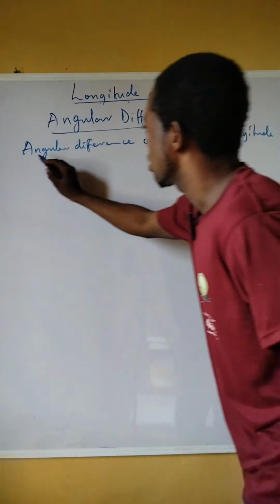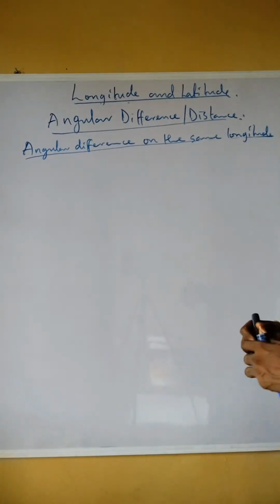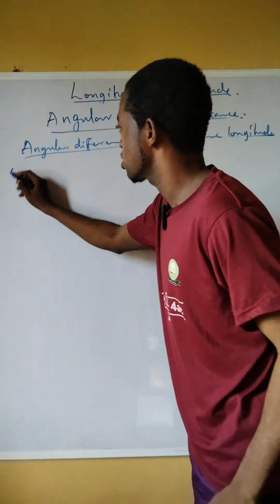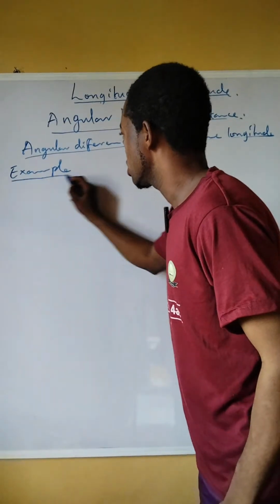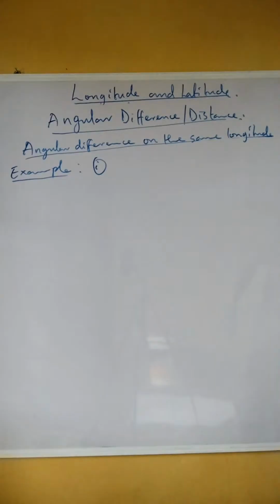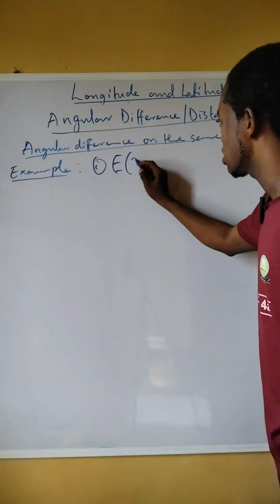That is, when 2 points lie on the same longitude, as we have seen earlier in the diagram, we can find the angular distance between them. Let's look at these two examples. Find the angular distance between these following points. Number one, we have point E, which is 30° north, 45° east.